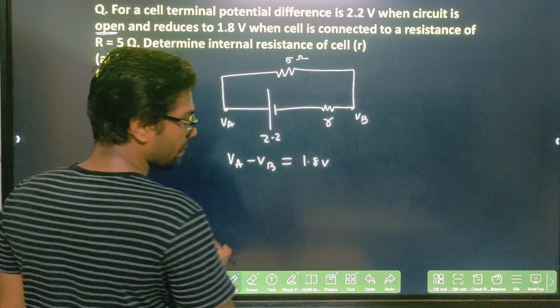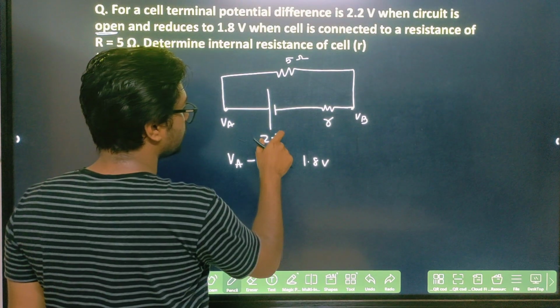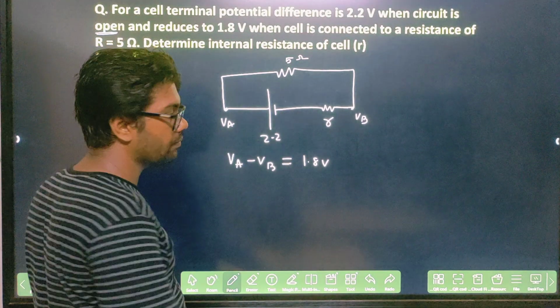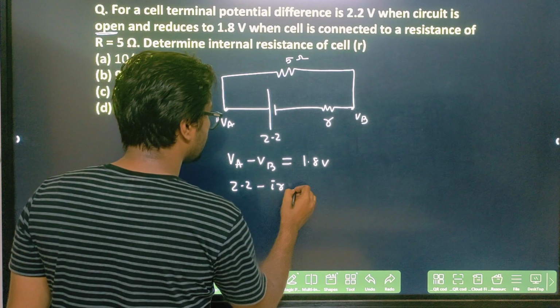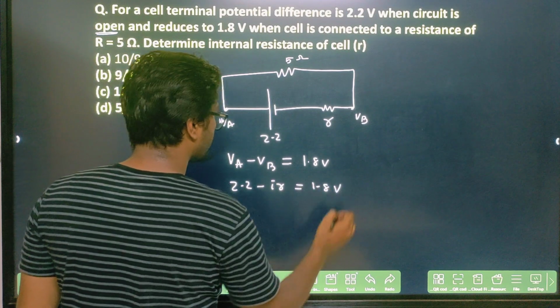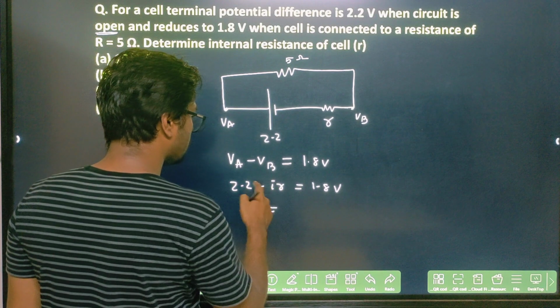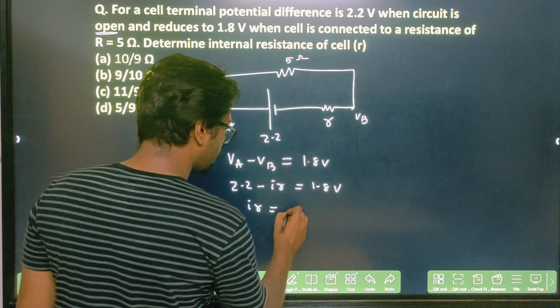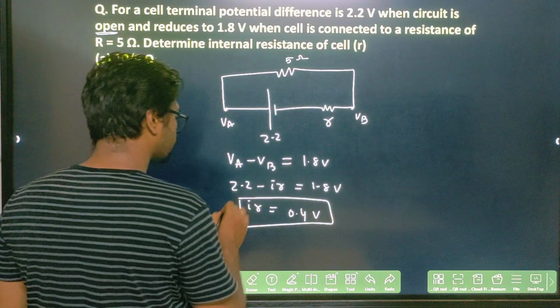VA minus VB is E minus Ir, so this will be 2.2 minus I into r equal to 1.8 volt. So Ir will be 2.2 minus 1.8, which is 0.4 volt.